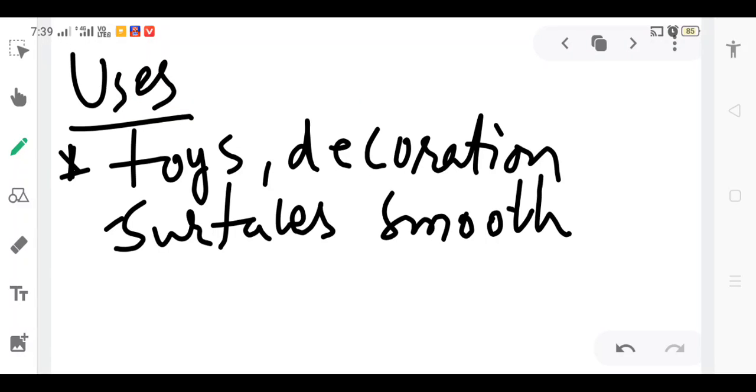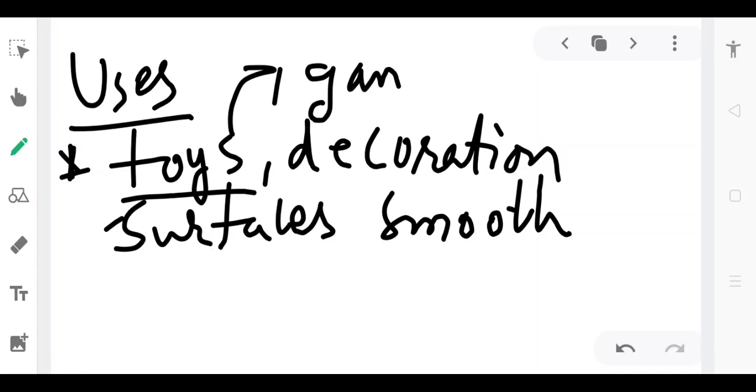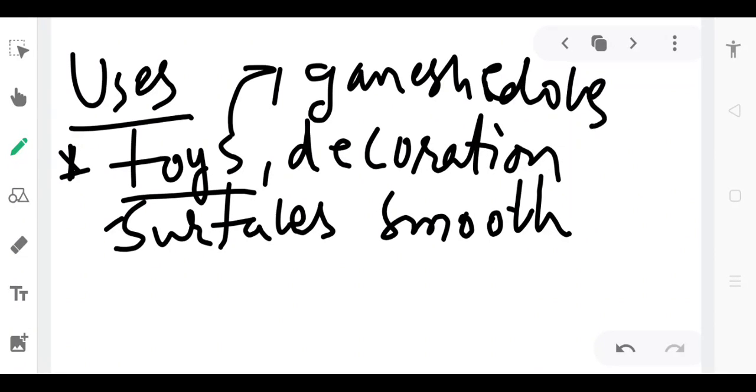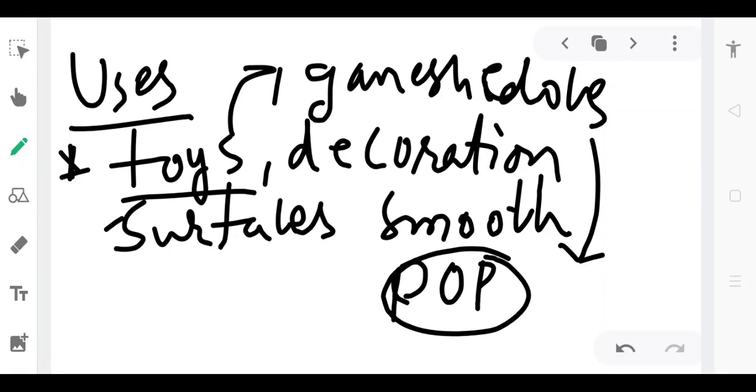See here, we are told toys. The upcoming festival is the Ganesh festival. All the Ganesh idols are made with a particular material, and that material is plaster of Paris. One example like toys is Ganesh idols, made of plaster of Paris, that is POP.